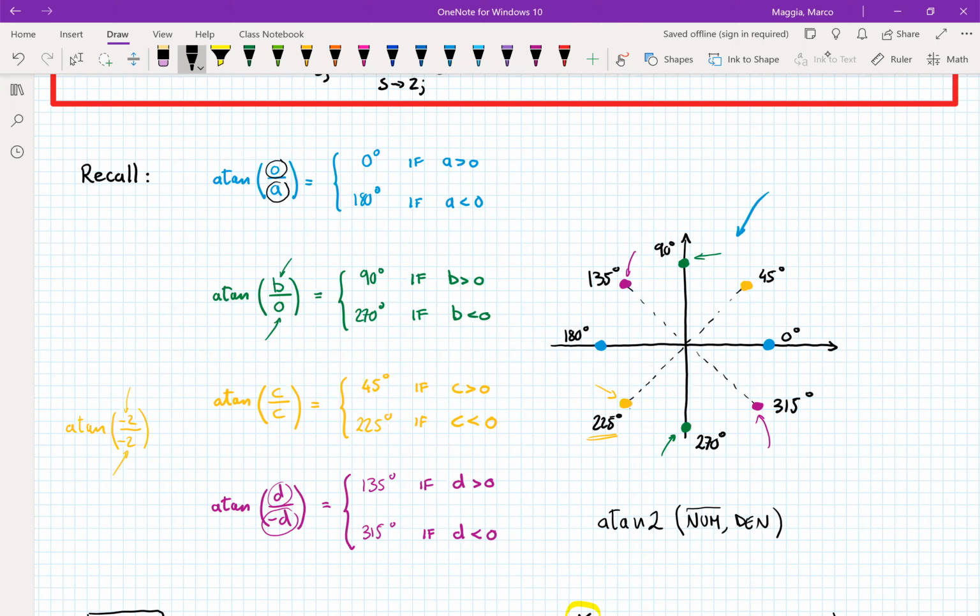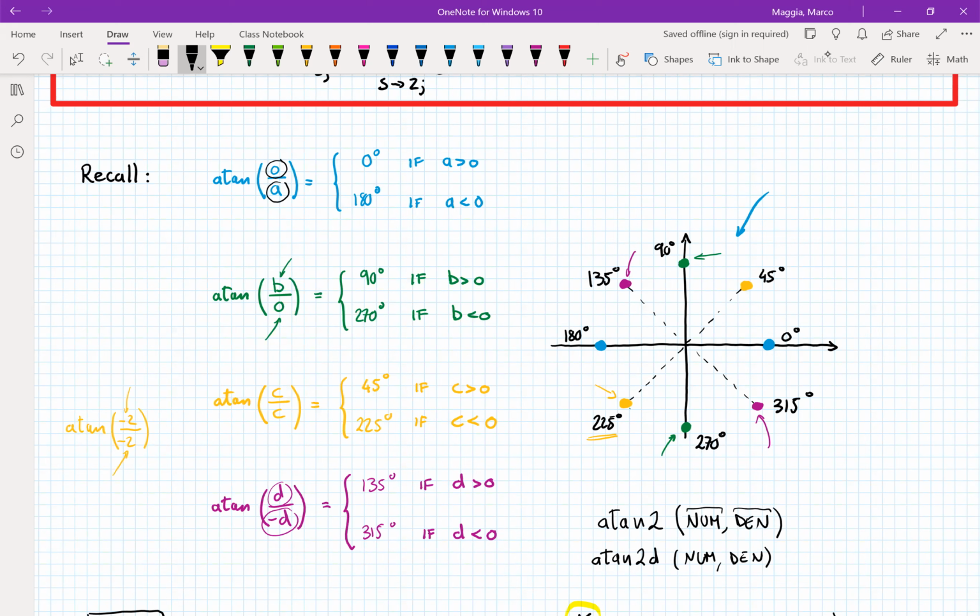So you put first the imaginary part and then the real part. And of course, the result will be given in radians. If you want it in degrees, you can use ATAN2D, and then same numerator, comma, denominator. So it will track the sign. It will do that for you.